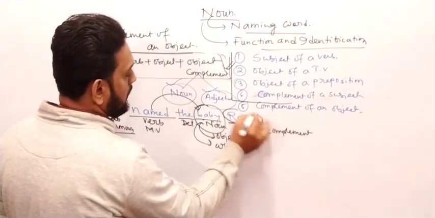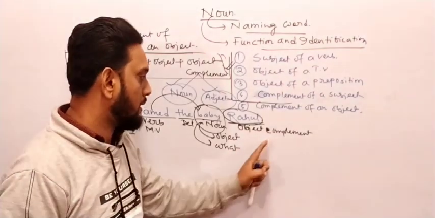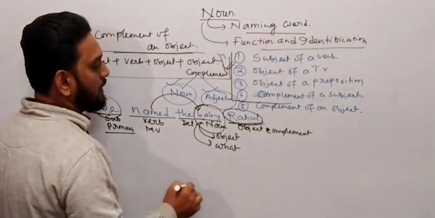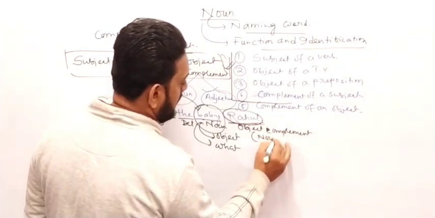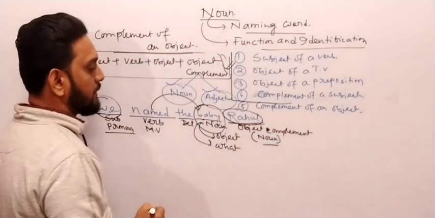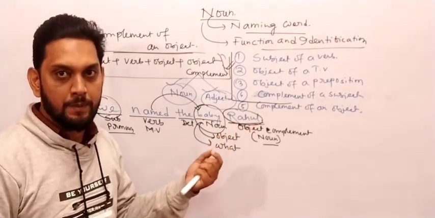The next one is written Rahul. So Rahul is the object complement, and this object complement, whether it is noun or adjective, it would be a noun. Now this Rahul came for which purpose?